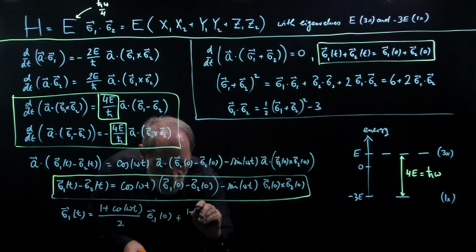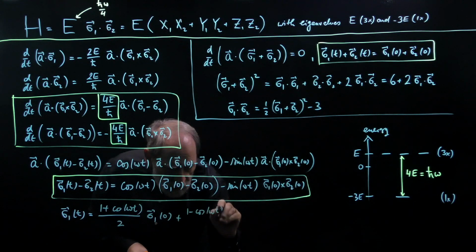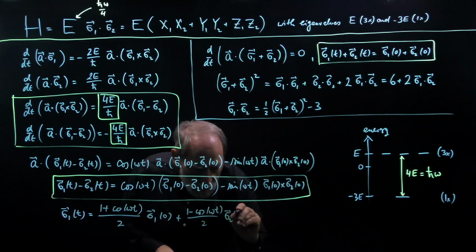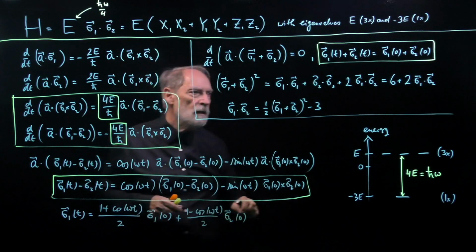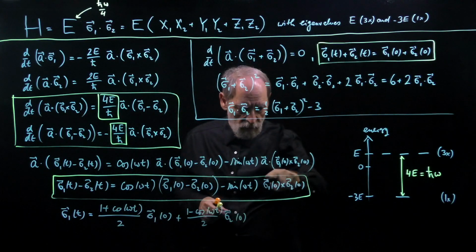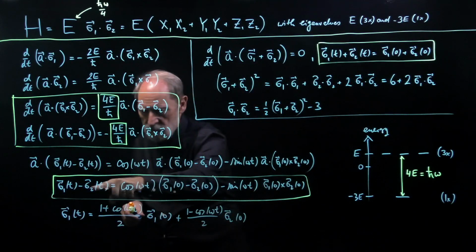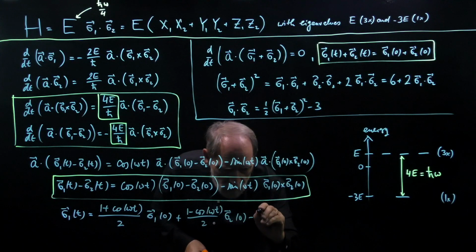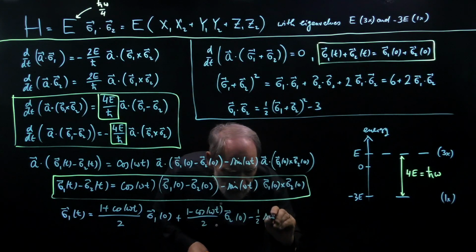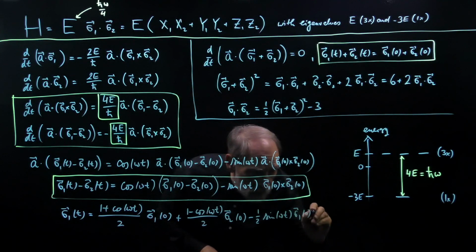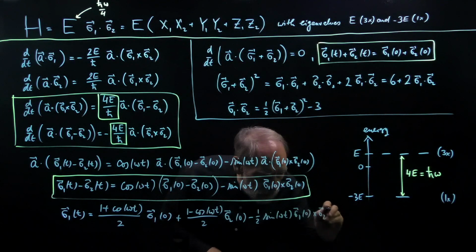So it's plus 1 minus cosine omega t divided by 2 sigma 2 at 0. And then there's no trace of this kind of term here, so we just get this, which we have to add in, but only half of it, half of sine omega t sigma 1 at 0 cross sigma 2 at 0.